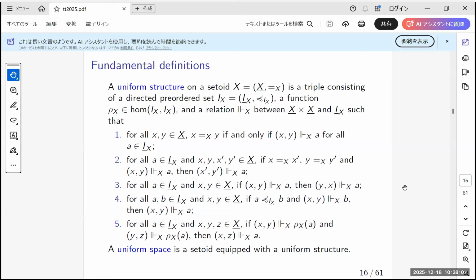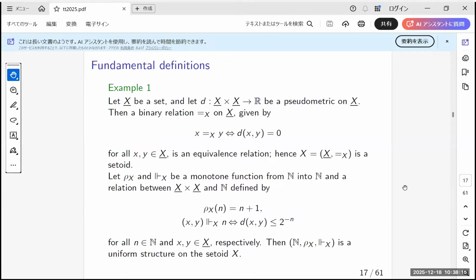And a uniform space is a setoid equipped with a uniform structure. This is an example for a pseudometric on a set.